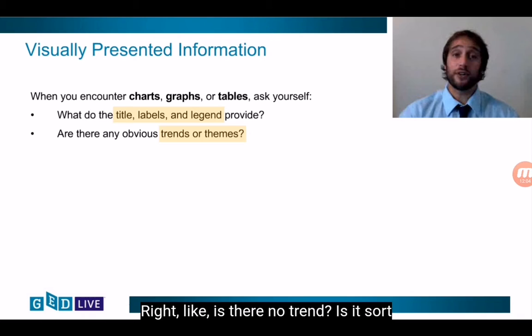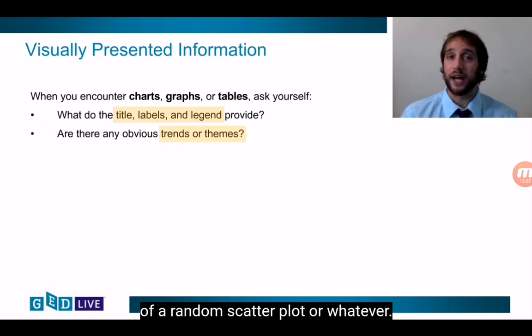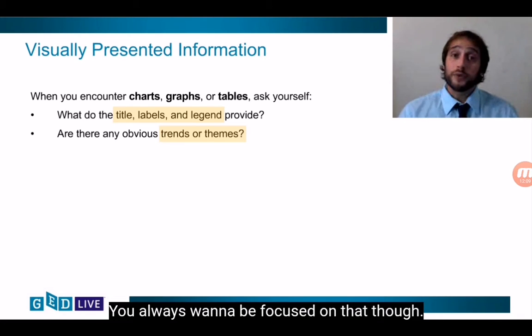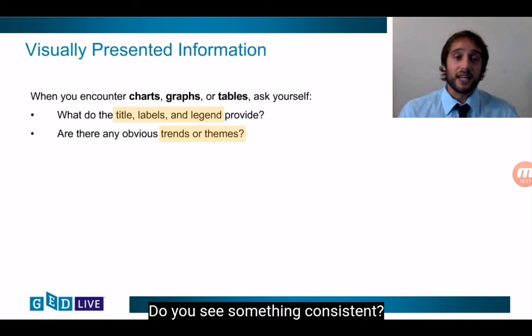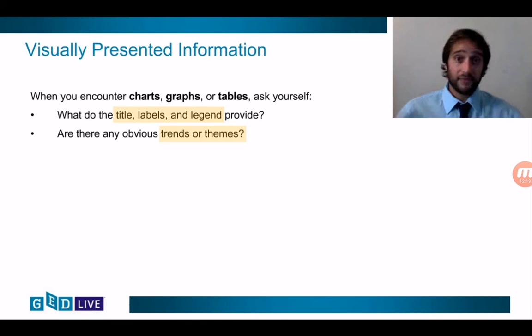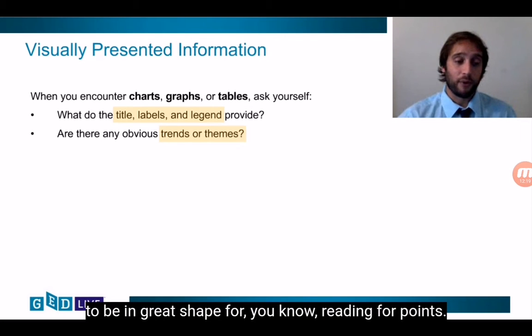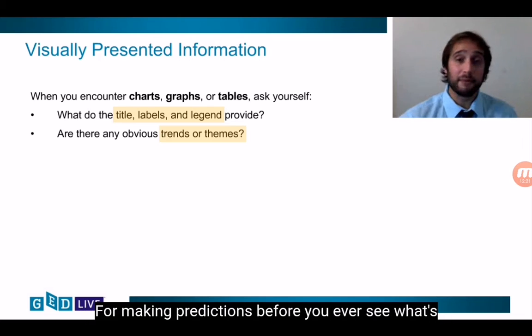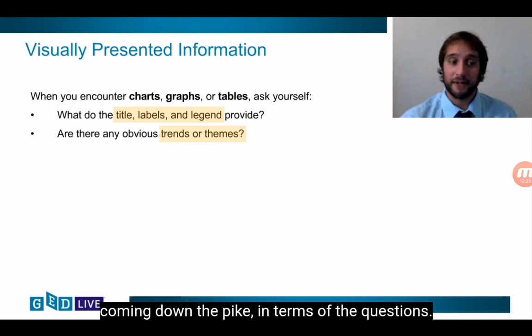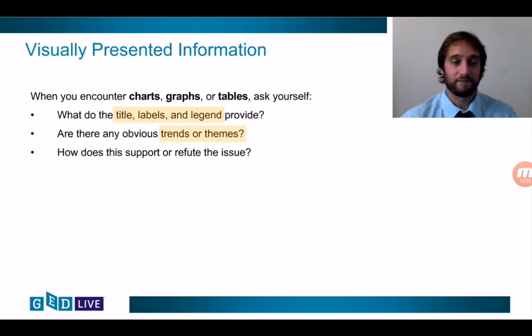Right? Is there no trend? Is it sort of a random scatter plot or whatever? You always want to be focused on that, though. Do you see something consistent, a pattern, or is it random? If you can spot that, you're going to be in great shape for reading for points, for making predictions before you ever see what's coming down the pike in terms of the questions.